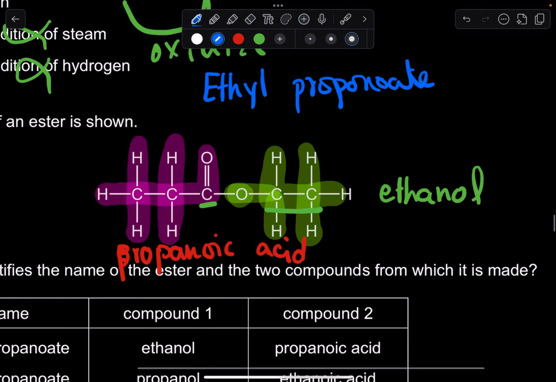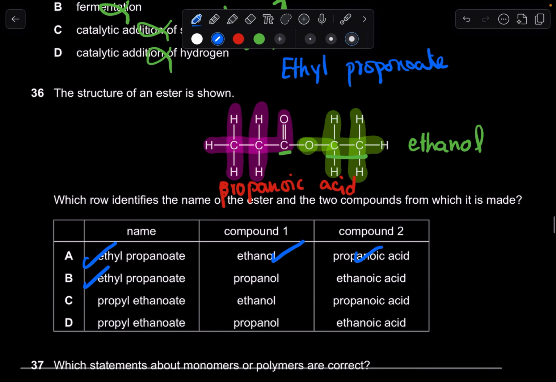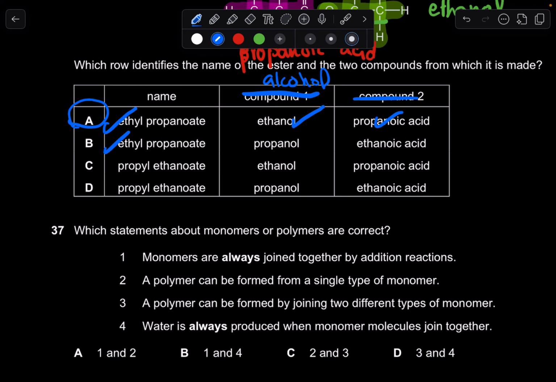So compound 1 is ethanol, and compound 2 is propanoic acid. But what is compound 1 and 2 in it? I don't get it. But still, they could simply write alcohol and they could write acid over here.